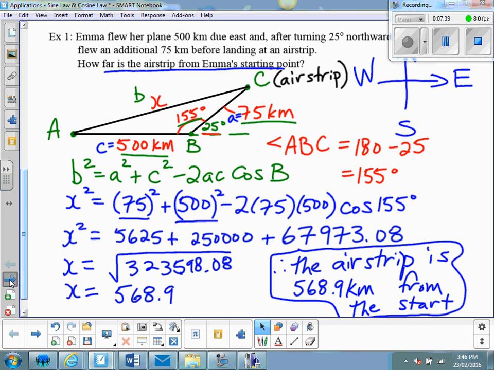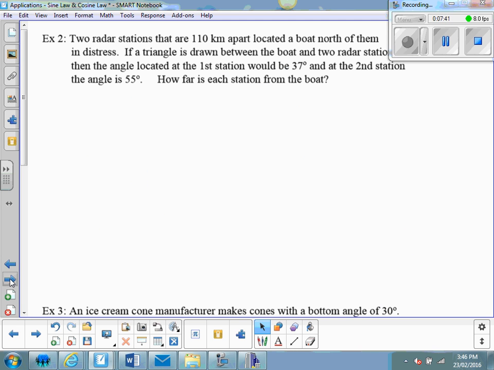Okay, let's take a look at example 2. So in example 2, there are 2 radar stations that are 110 kilometers apart, and a boat located north of them in distress. So the boat's to the north, so I'm going to draw a line down here to begin with.